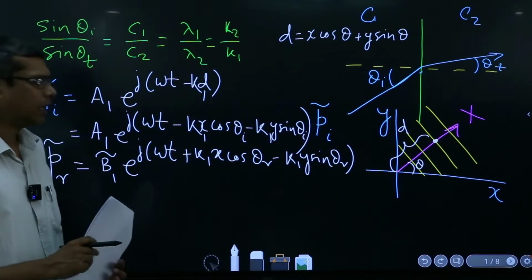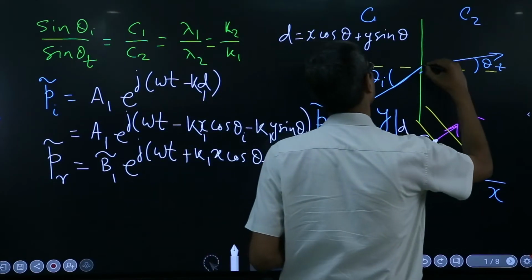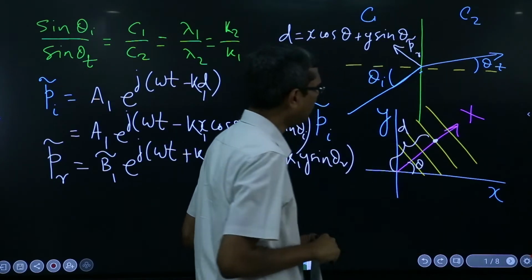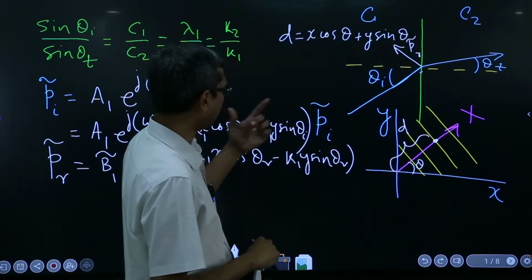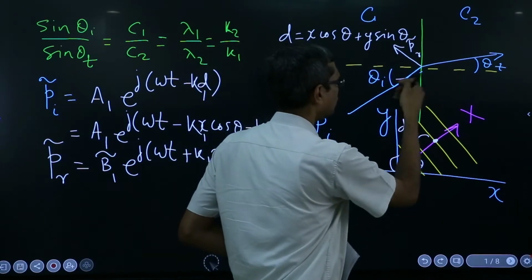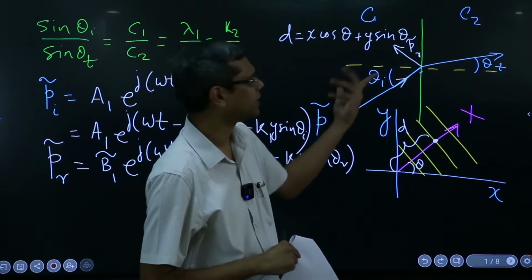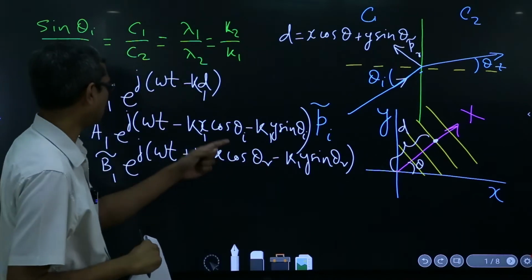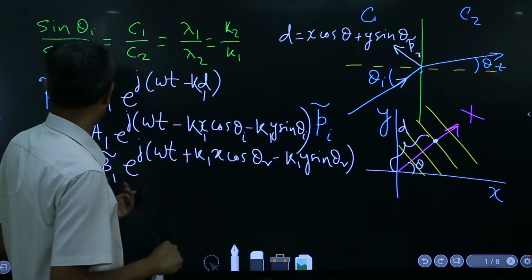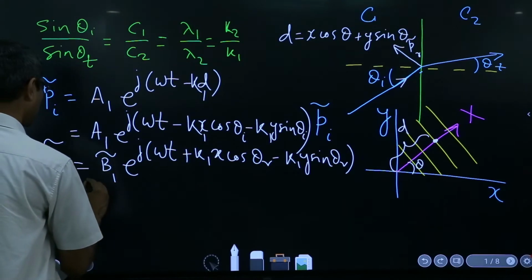Okay, you can simply think of the wave which is getting reflected like that, so this is PR. Now you can simply think that this wave is nothing but a wave which is going in this direction only with theta which is equal to 180 minus theta r. So if you just substitute that here also, you will get this. So that's how you will get PR, and now you will write say PT.